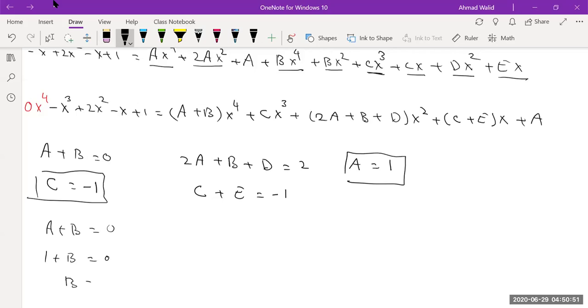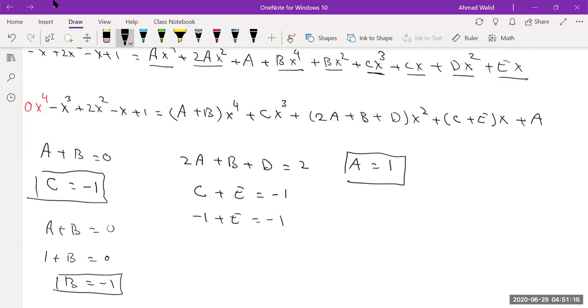That means b equals negative 1. Now, if I use the value of c and plug in here, which I have c plus e equals negative 1, easily I can find the value of e, right? Then I can write negative 1 plus e equals negative 1.